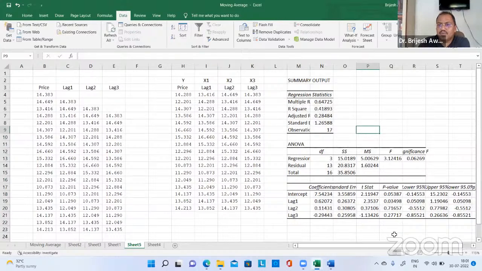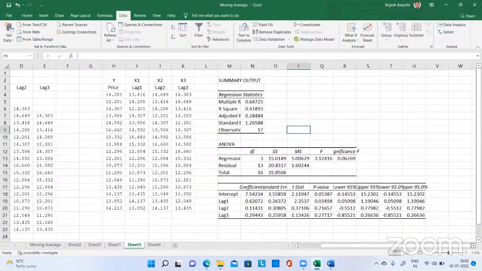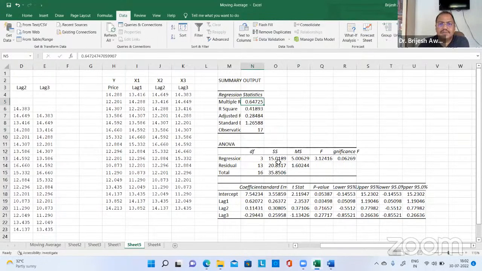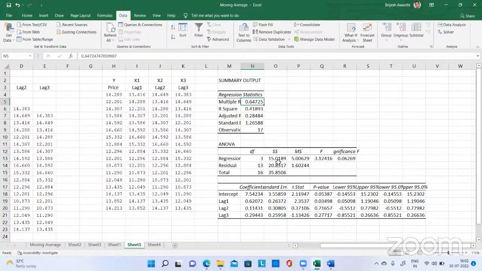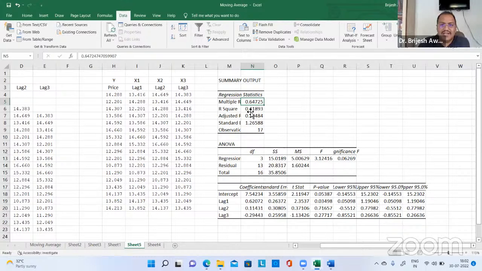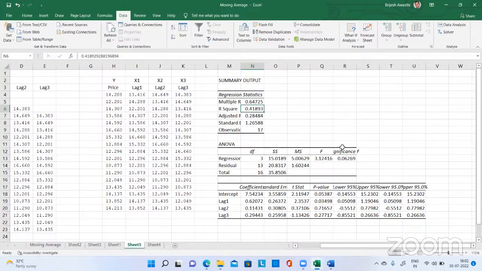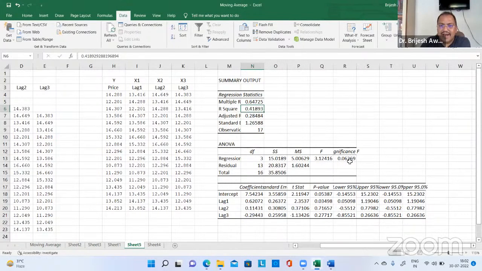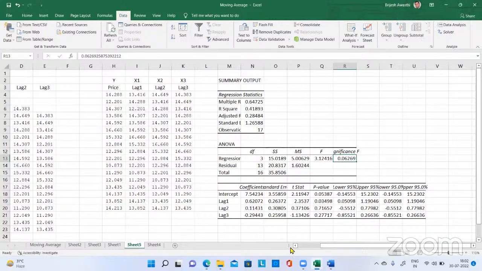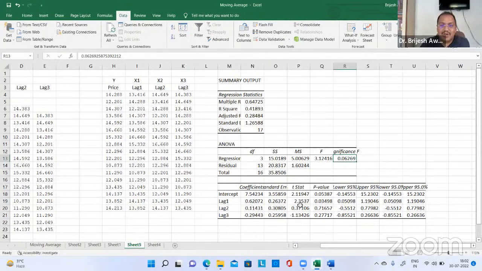Can we analyze the output? Okay, so correlation is good, 0.6 is good, but R square is not good. So it is not good. And 0.06, this is also not significant. Problem.